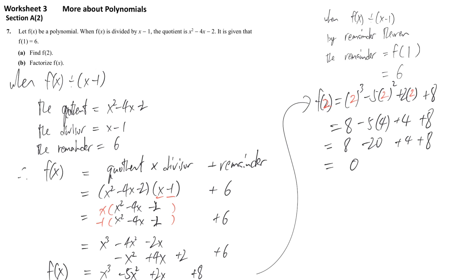And that makes sense because they are going to ask us to factorize f(x) later on, right? So if the remainder is 0, that means, therefore, in part B, since f(2) is equal to 0, that means when f(x) is divided by x minus 2, in reverse of our remainder theorem, the remainder is equal to 0.